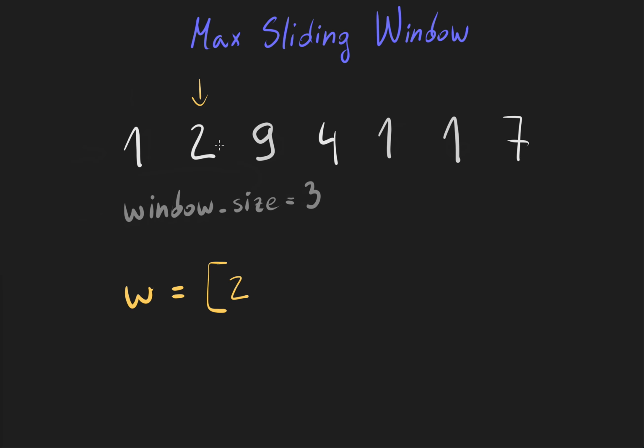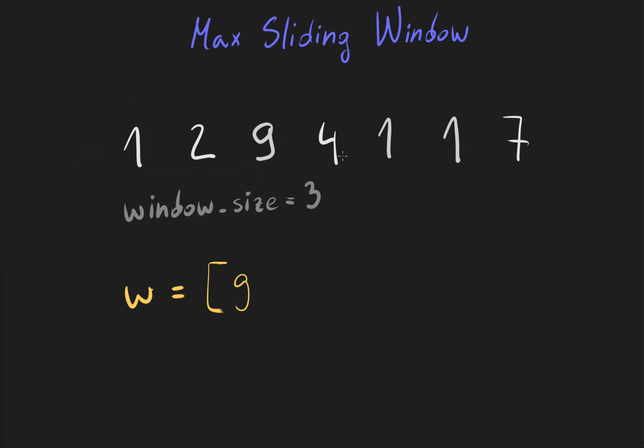Now we have 9. 9 is bigger than 2, so we can remove it, and we have 9. Now we have the first window, and we can output the first value inside our deque.